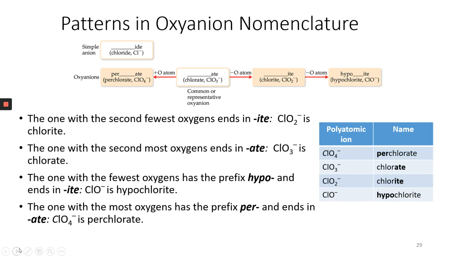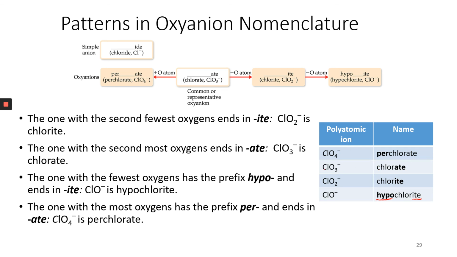So here are some patterns with naming the polyatomics, okay? It's similar if you remember when we did naming acids. The polyatomic with the fewest oxygens would have a hypo and an ite on it. So you take your common polyatomic, which is the one with ATE.